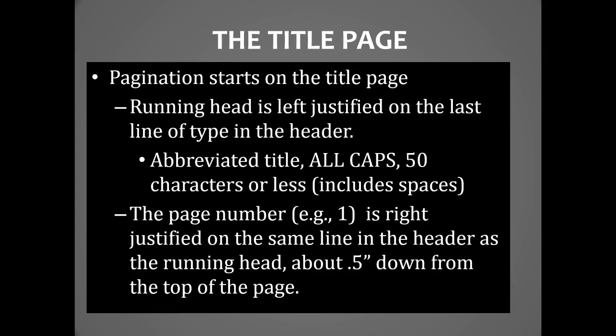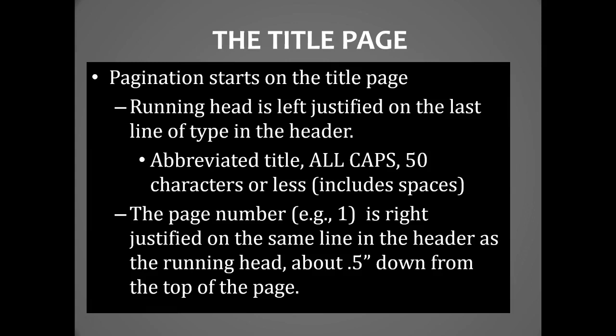Now, in terms of the title page, we begin numbering the pages right from the title page. In the past, you might have been taught that you shouldn't have page number one on the title page. APA style differs with this.